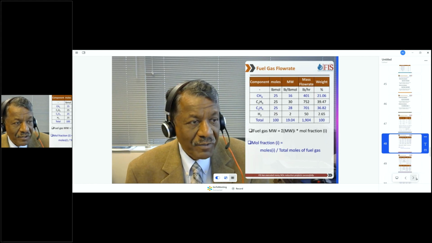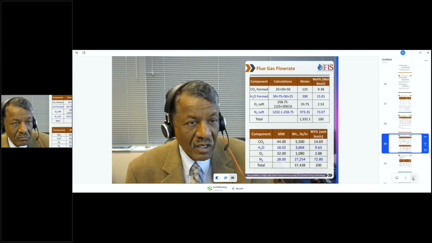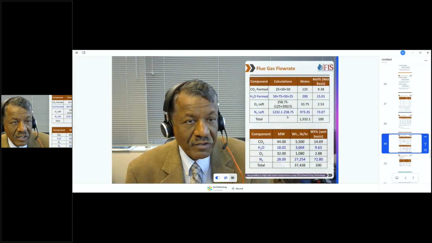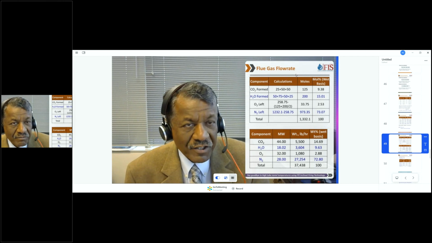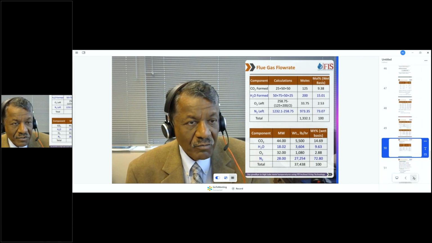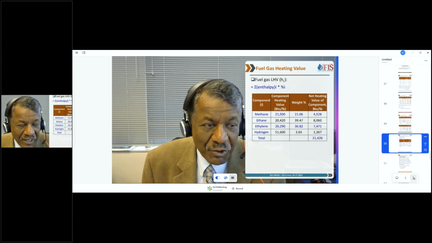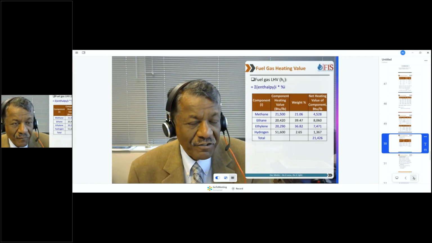What is the weight percent? So we do these calculations, how much flue gas is generated in each reaction. And most of these calculations these days are done by computers on Excel spreadsheets.